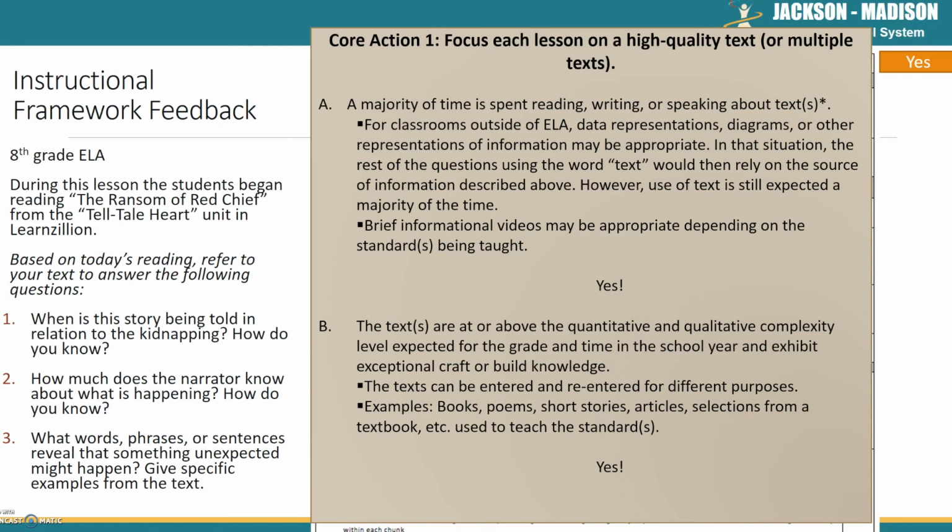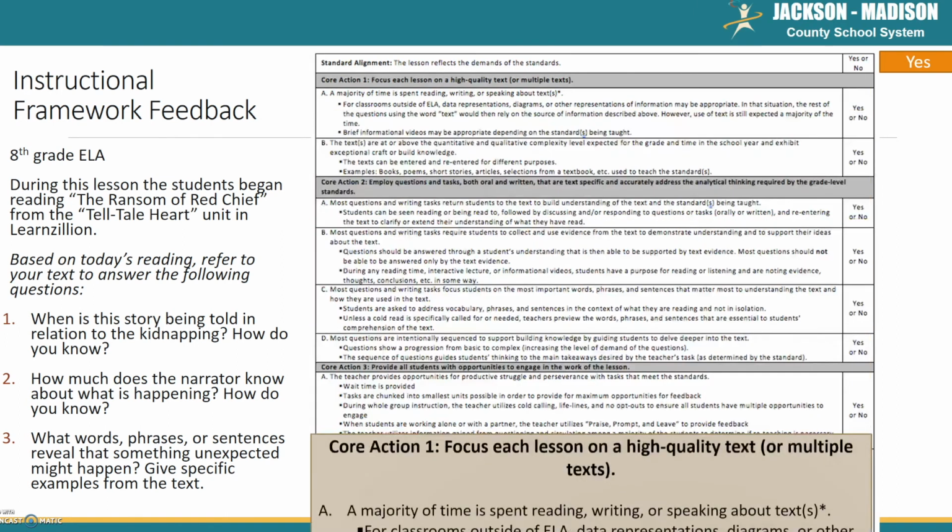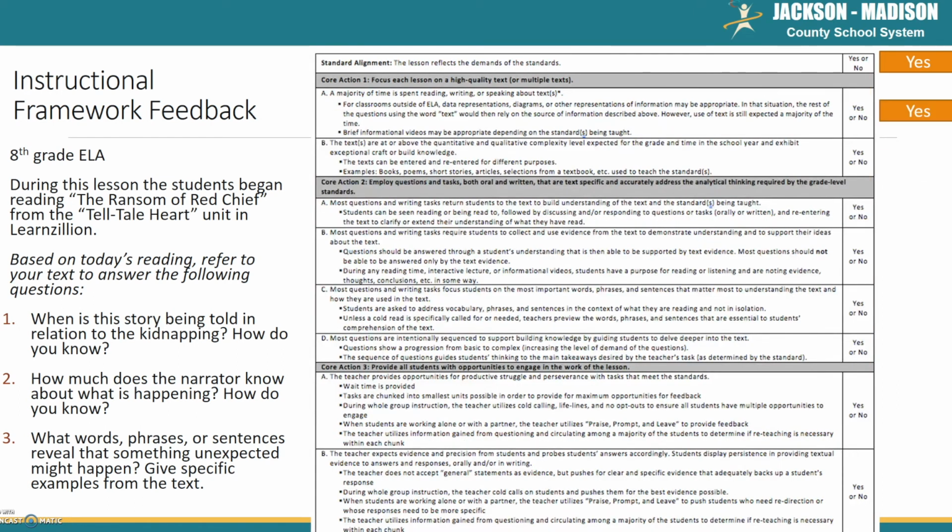Remember, for classrooms outside of the ELA class, data representations, diagrams, graphs, or other representations of information may be appropriate. We would also want to consider, was the text at or above the quantitative and qualitative complexity level expected for the grade and time in the school year? Again, the answer is yes for both indicators.